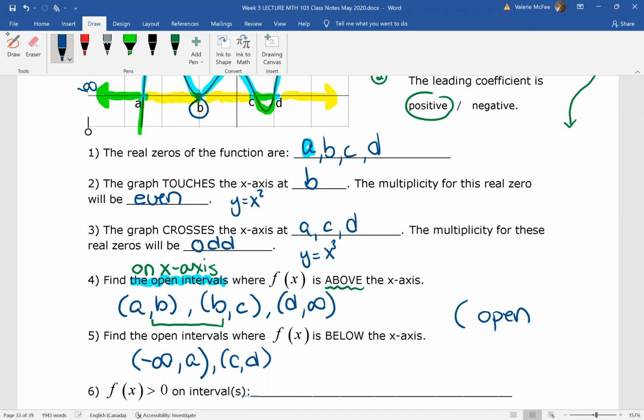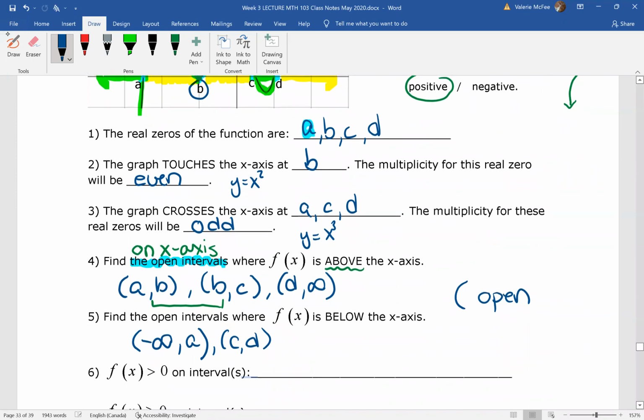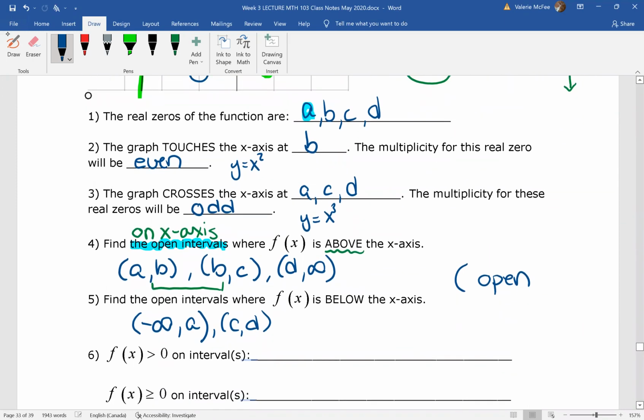So we can say then in question 6 that f of x is greater than 0 at these intervals where the graph is above the x-axis. Greater than 0 is the same thing as above the x-axis. So we have from A to B, B to C, and from D to infinity.